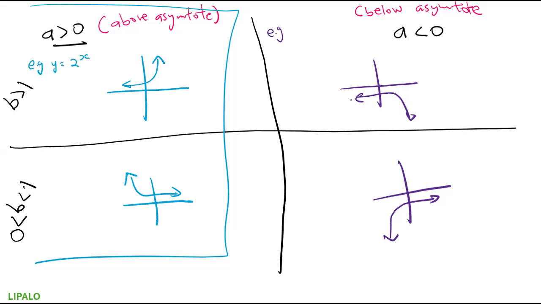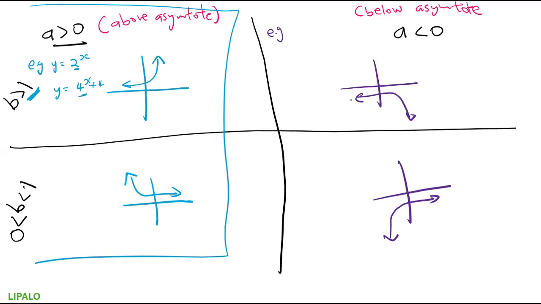A is positive here. Or y is equal to 4 exponent x plus something. Our focal point is that a is positive and b is greater than 1. This is a function that you're going to have. If a is positive and b is a number that is greater than 1, this is what you're going to have.